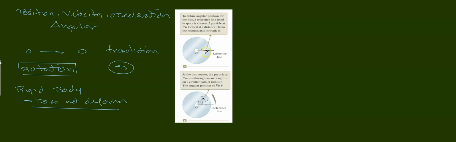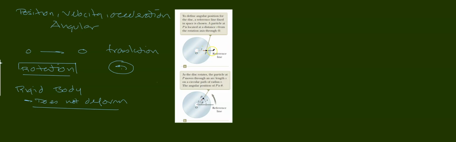We are going to define a position. We're going to first use a particle P located at a distance r, the radius, from the rotation axis O. So this is the reference line, and then as it rotates, we understand how point P moves through an arc length S. It keeps its same radius, but now it has an angular position equal to theta.